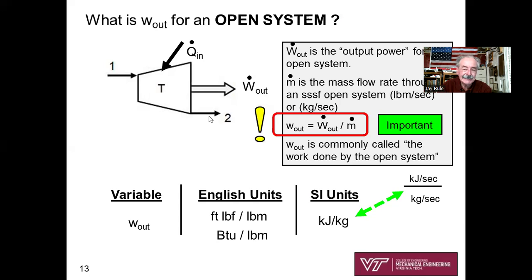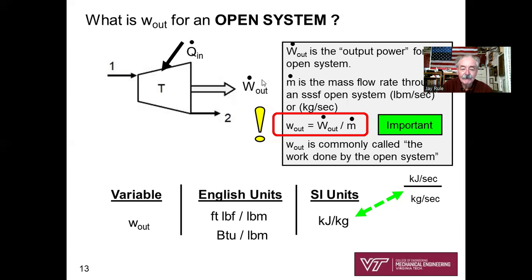We call that steady state, steady flow. One inlet, one outlet. The rate at which mass is leaving this open system exactly matches what's going in. During the steady process, heat is added at a certain rate, and that shaft is rotating at a certain torque, putting out shaft power from this turbine, and we call that W dot out.